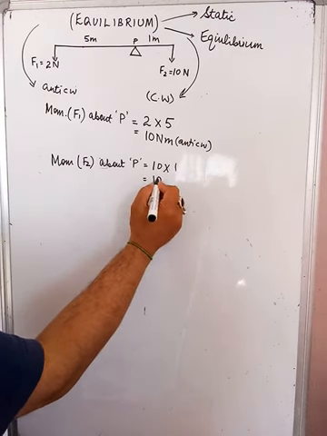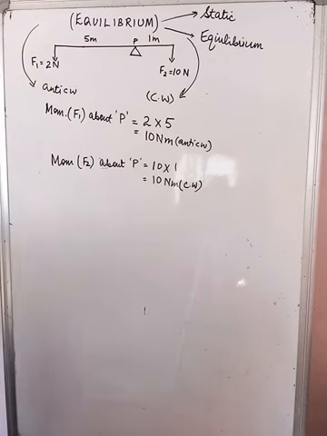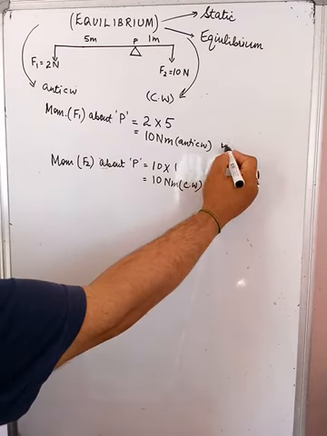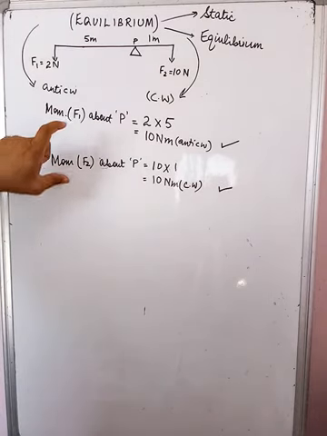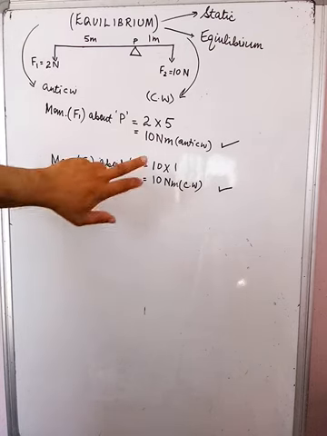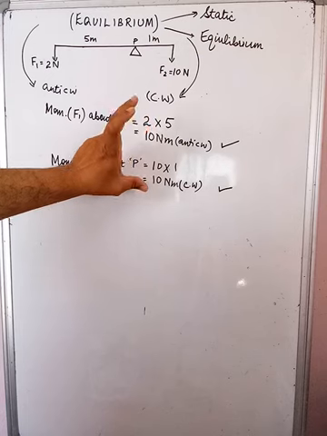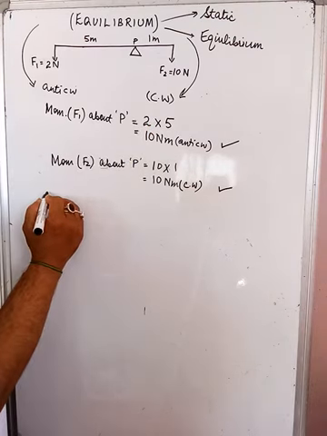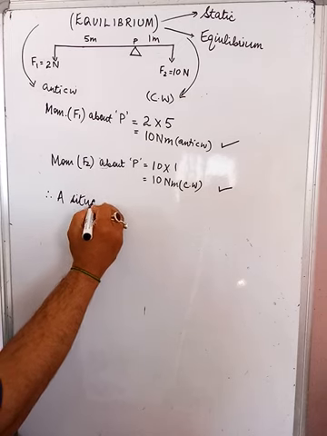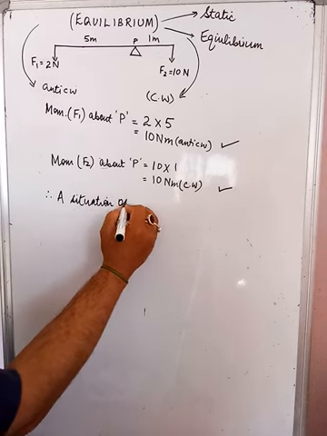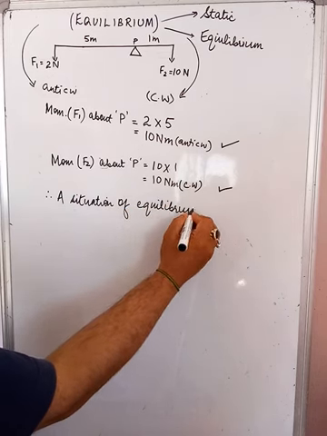So this also gives you 10 Newton meters clockwise. If you see the basic difference between these two values, both are moments of the forces about the same pivot P, but this direction is anti-clockwise and this is clockwise, so they are going to get neutralized. Therefore we will have a situation of equilibrium.